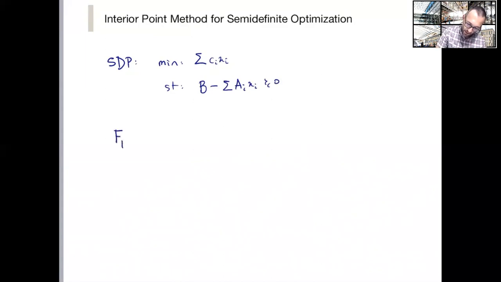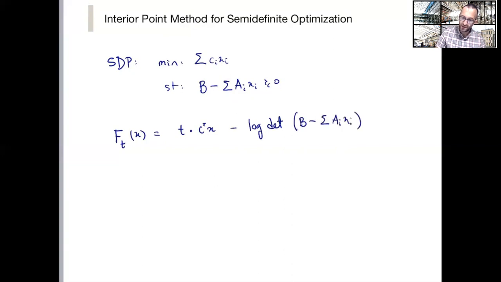I'm going to define f_t of x to equal the function t times c transpose x minus log of the determinant of B minus sum of A_i x_i.